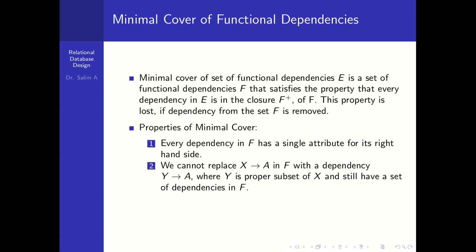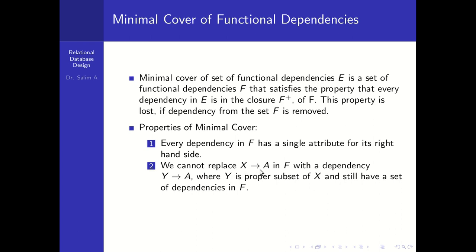We cannot replace X determines A in F with a functional dependency Y determines A, where Y is a proper subset of X, and still have the set of dependencies equivalent.